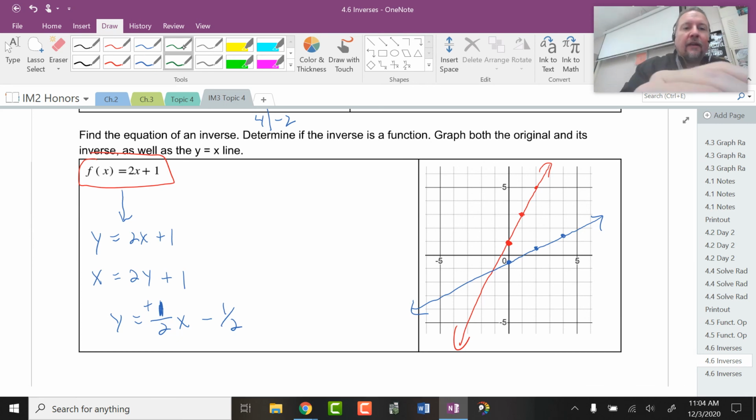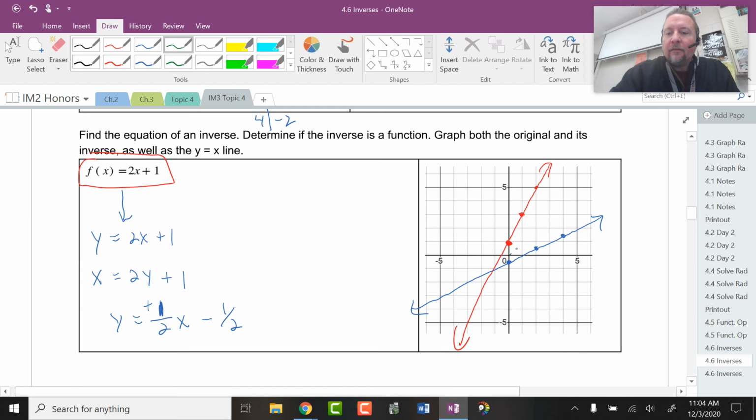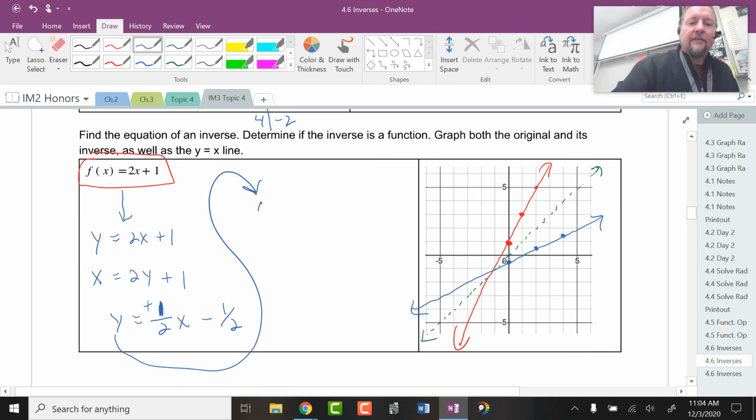Okay, you're good. And then I'm going to draw it again and see that these two are reflections over the y equals x line. Why am I drawing that as a dotted line? Because it's neither of those two graphs. So it's not really the graph that I'm dealing with. Oh, by the way, sorry, I do want to call this the inverse of f of x now. Get used to that because that is notation that is solid as a rock.